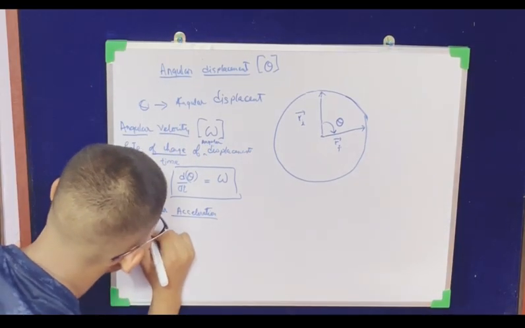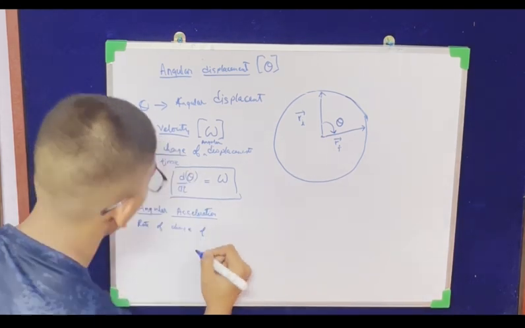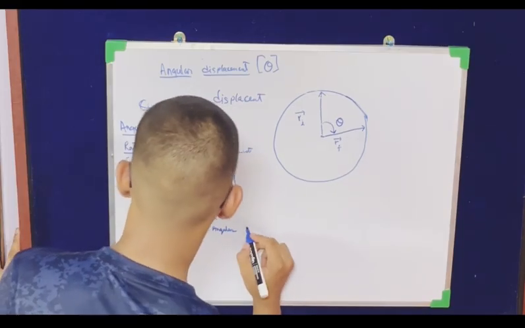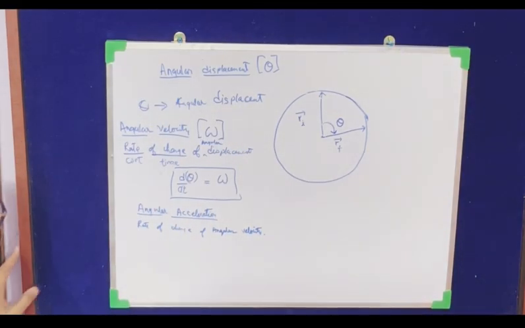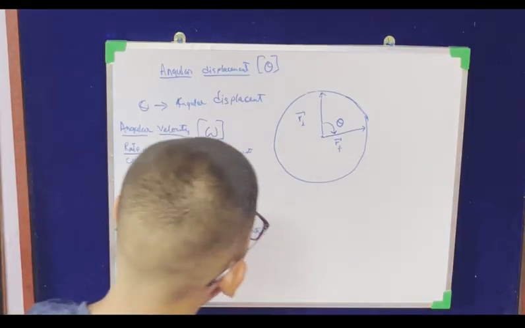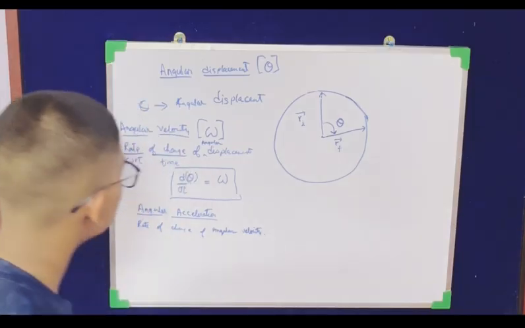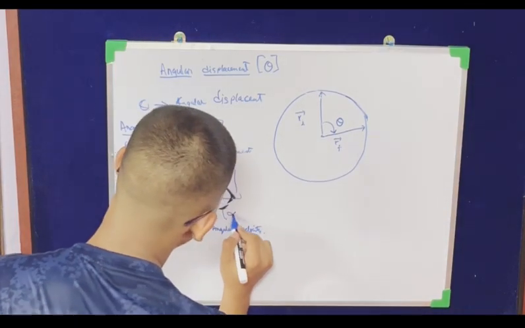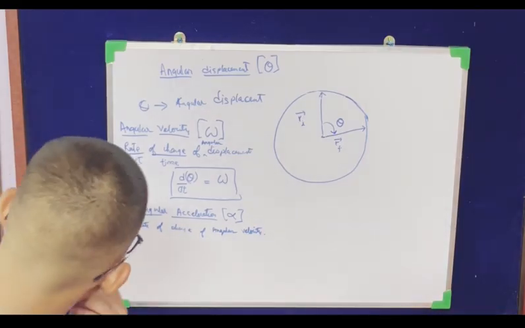It may happen that the velocity at this position is different from the velocity at this position, so then there will be angular acceleration. You're understanding that the rate of change of angular velocity will be angular acceleration.